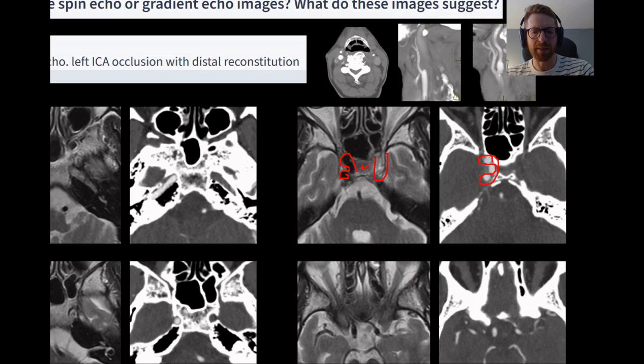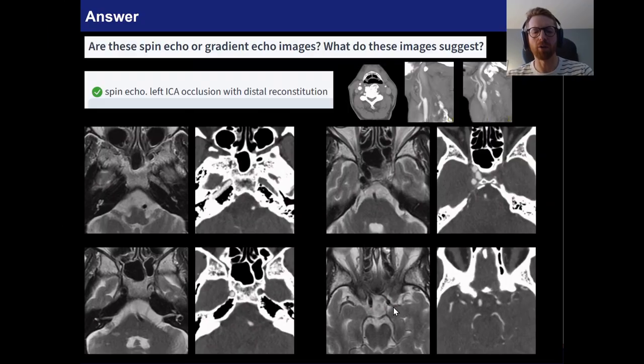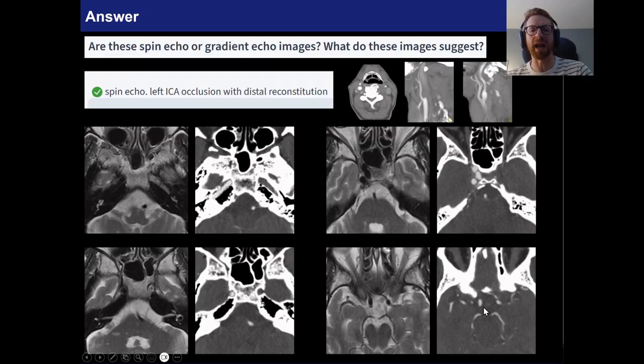Then when we get up to the top, check this out. Now we see flow voids, not just on the right, but also on the left. And sure enough, on the CTA, we see contrast in the left supraclinoid ICA as well as the right supraclinoid ICA. So what happened?